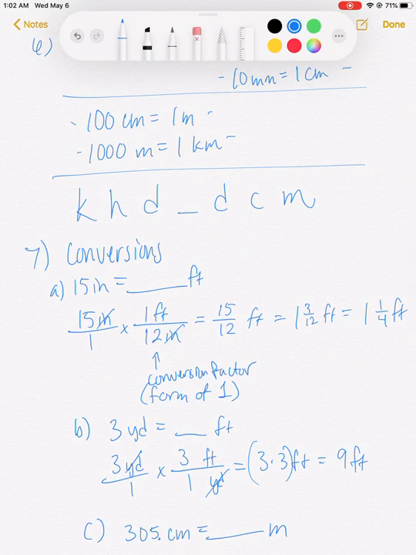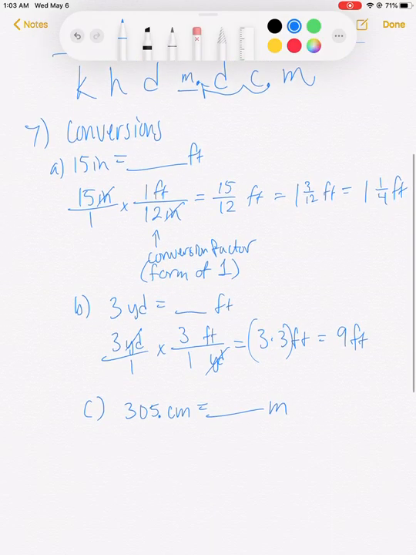My decimal for the 5 is here, so my centimeters is here, and I want to get to meters. Remember meters is here, and we go 1, 2, and we're at meters for the ones place. So we move our decimal 2 units to the left. We get 3.05 meters. That's a shortcut way for doing metric conversions.